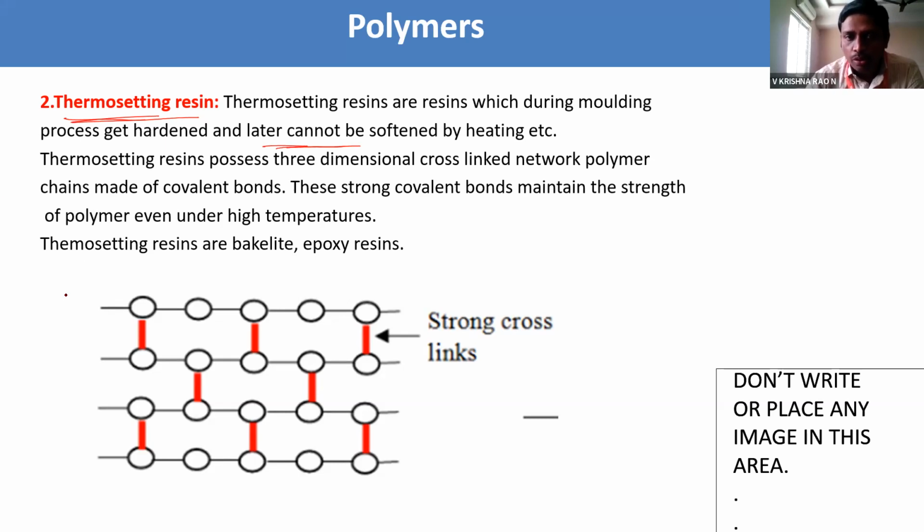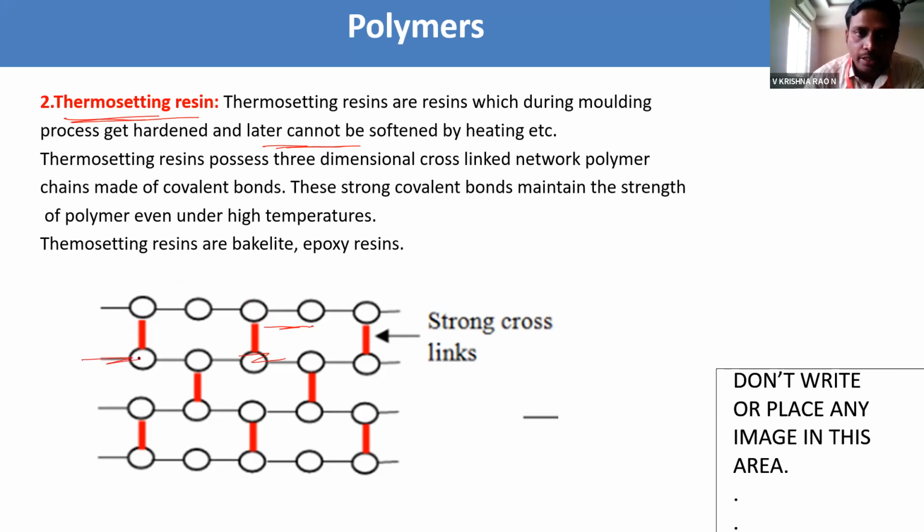The reason is the presence of strong covalent bonds between the monomer chains, which keep the polymer strong even at high temperatures.